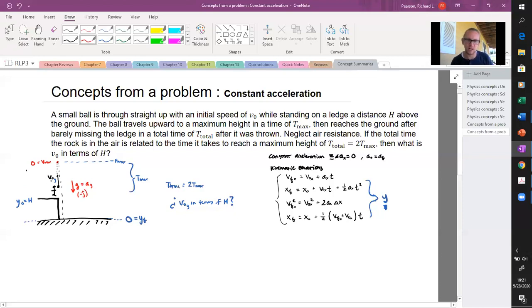because notice our initial velocity is in the positive direction. This is assuming that we have a positive y up and a negative y down. So for up, positive j hat, and this is a negative j hat. Initially we have a positive j. At the end, this final velocity is going down in the negative j hat. It's going in a negative direction.